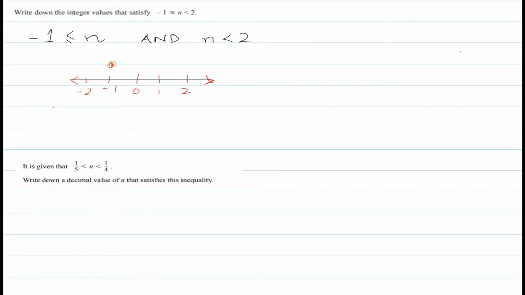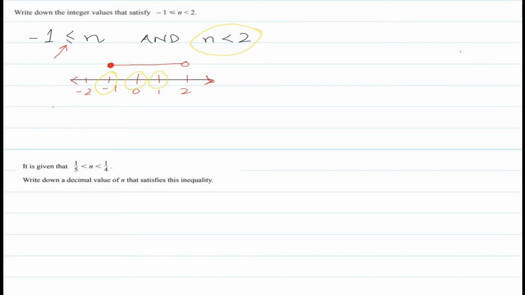Your answers include -1 because your n has an equal to sign here, and your answer starts from -1 but ends at 2. So this is the solution on the number line, and you need only integer values from that. The integer values in this range are -1, 0, and 1. Since there is no equal to sign here, 2 is not included in your answer.